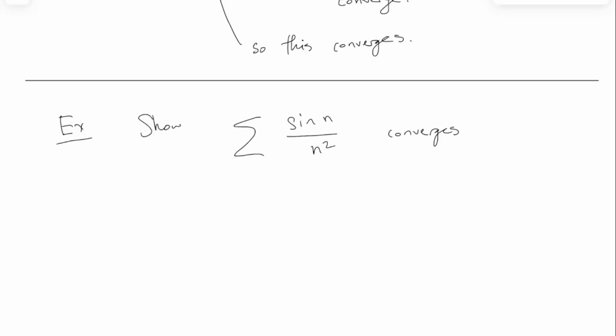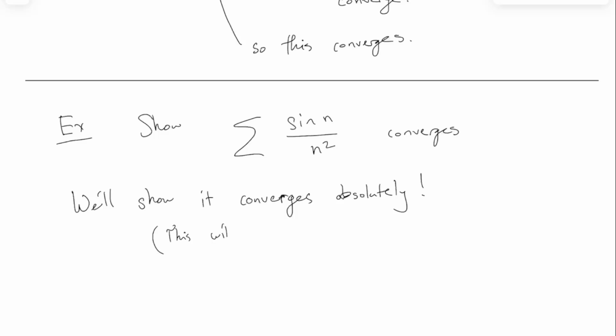The trick, though, is to show this converges absolutely. And that automatically means that it converges, according to the theorem that we just talked about. If it converges absolutely, then it automatically converges by itself. We'll show that it converges absolutely, and then this will mean that it converges.